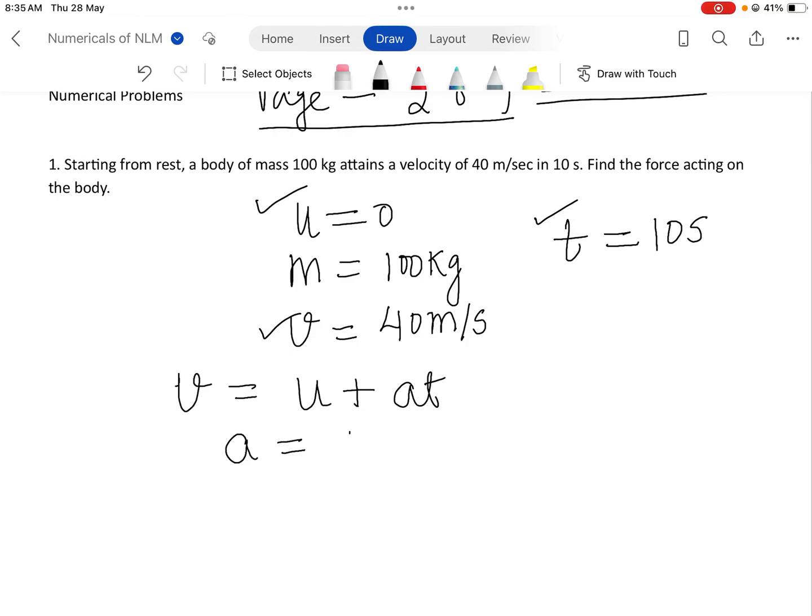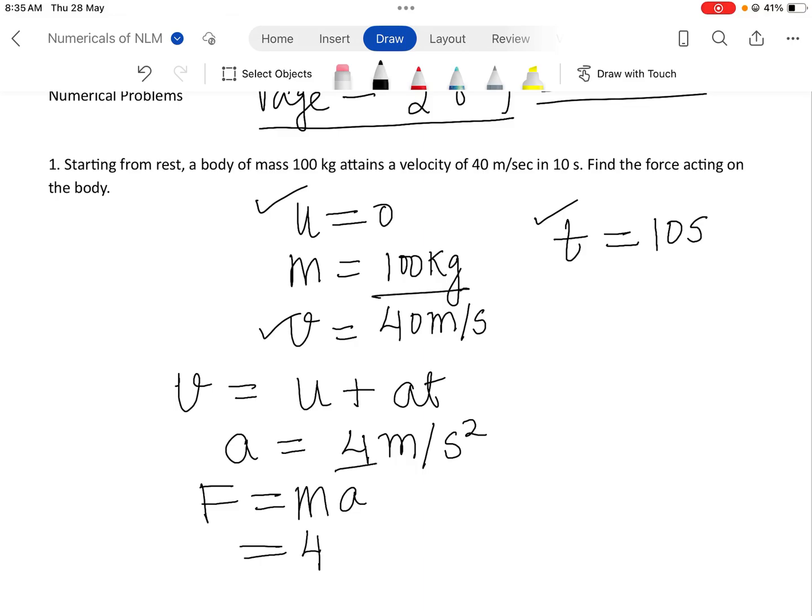The value of A will come out 4 meter per second square. Full calculation you can do. So what will be the force? M into A, 100 into 4, that is 400 Newton. This is the one way.